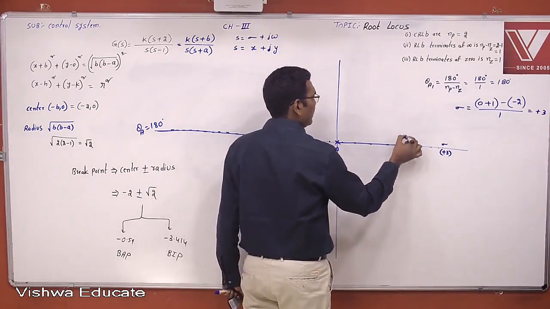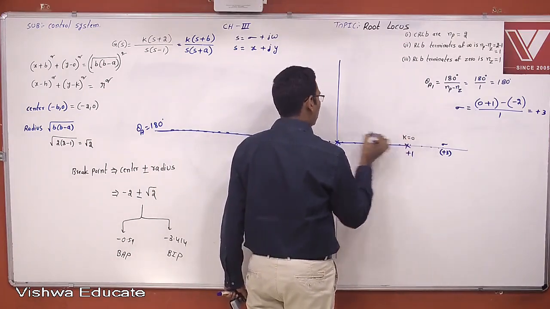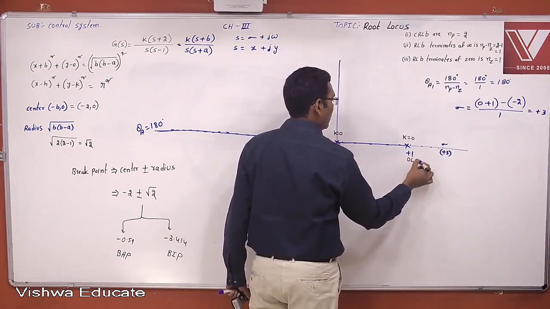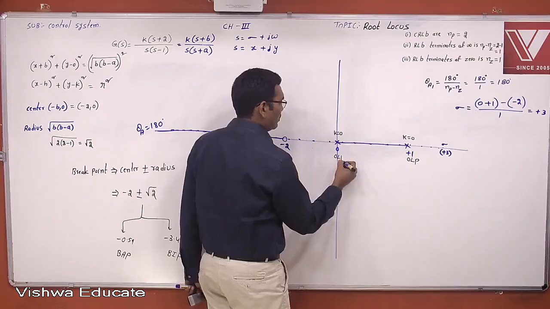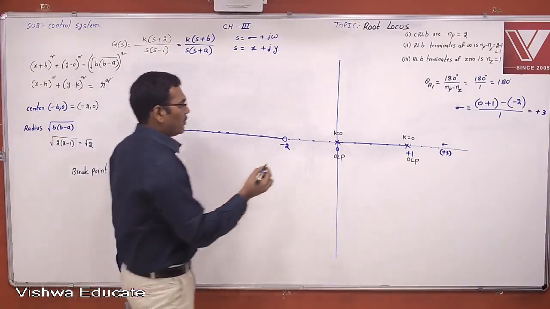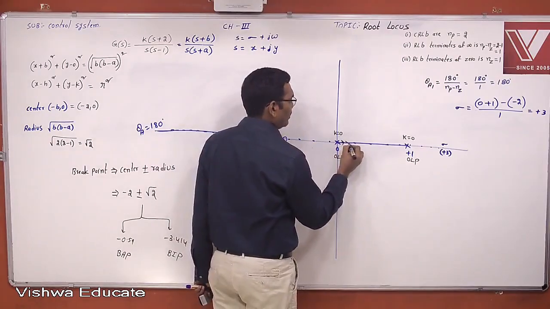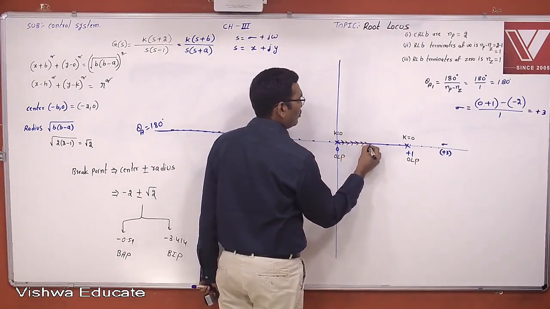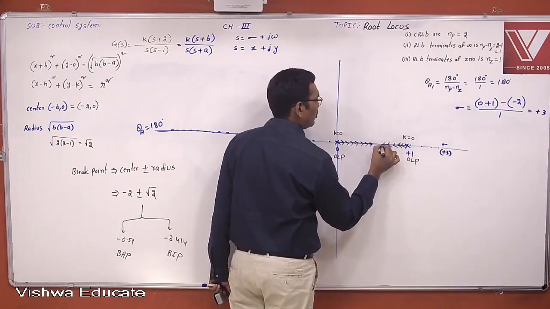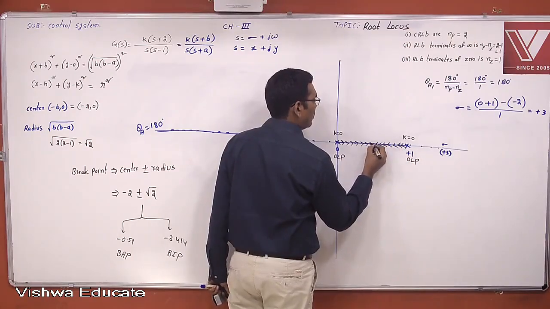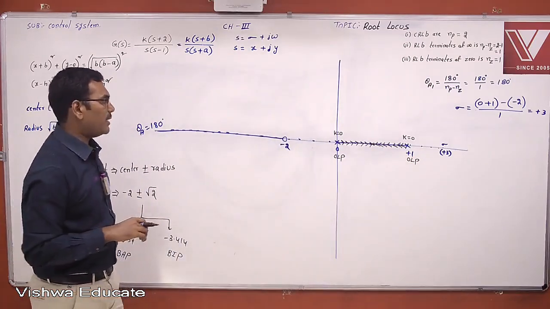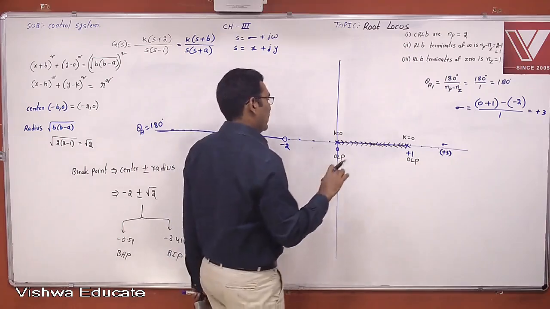Now the root locus diagram starts with K equal to 0, starting at the open loop poles, right? As K is changing, the closed loop poles are moving. And these two meet at a particular point. That particular point is called the breakaway point.